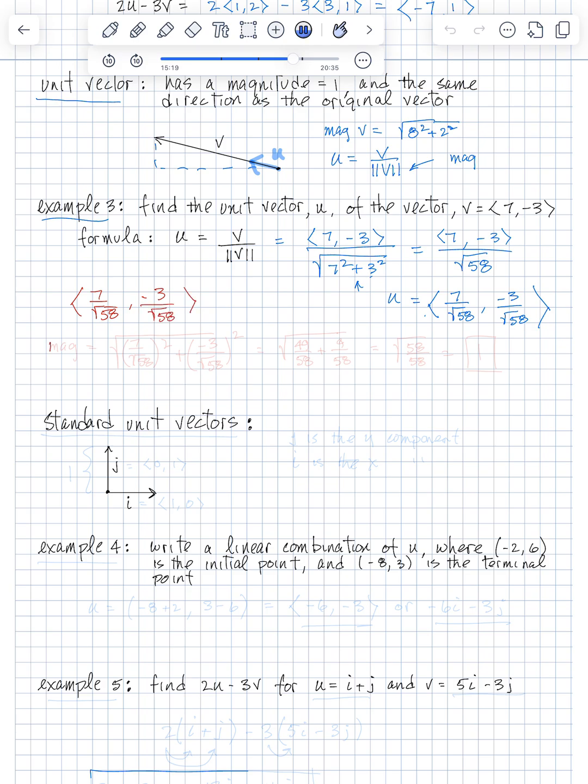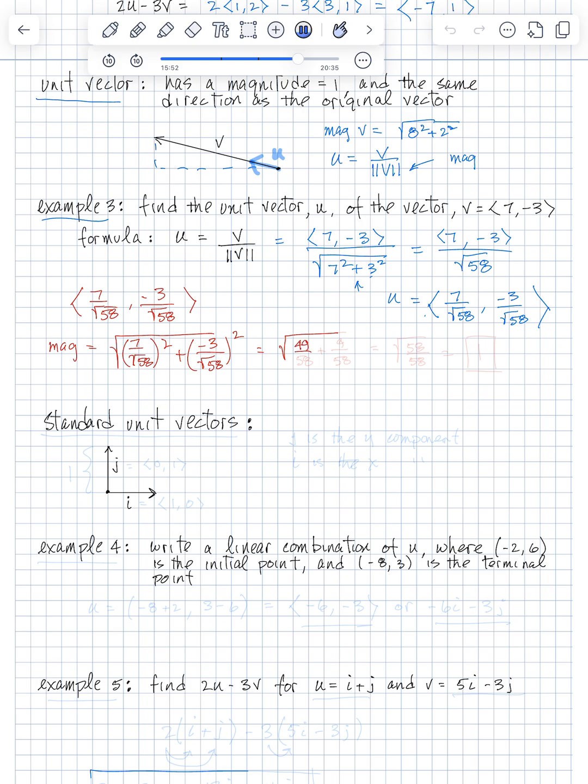So the magnitude is equal to the square root of 7 over square root of 58, squared, plus negative 3 over square root of 58, squared. 7 squared is 49.